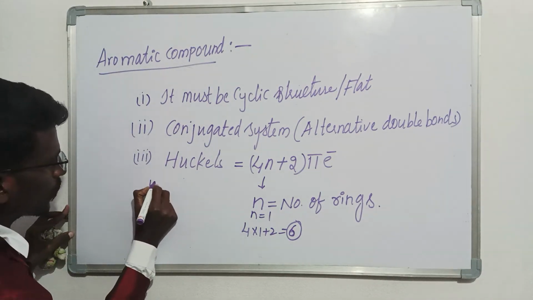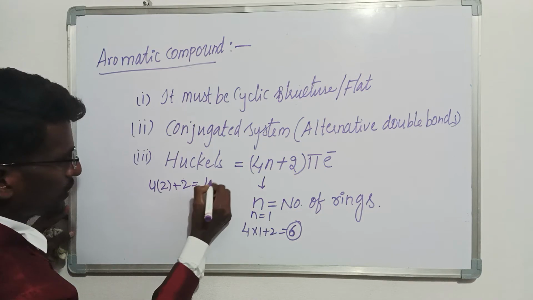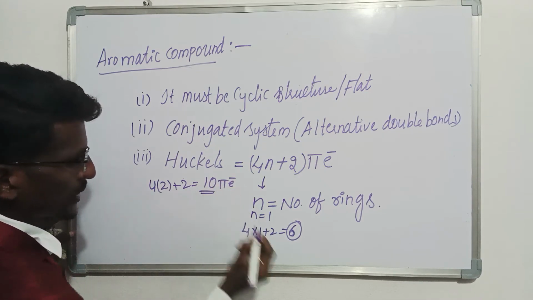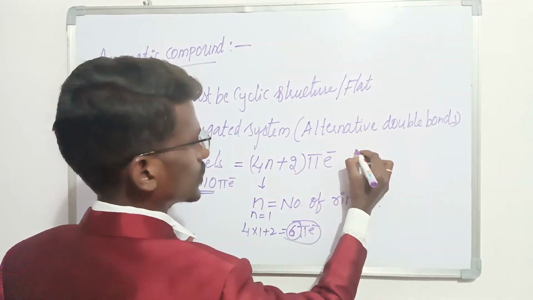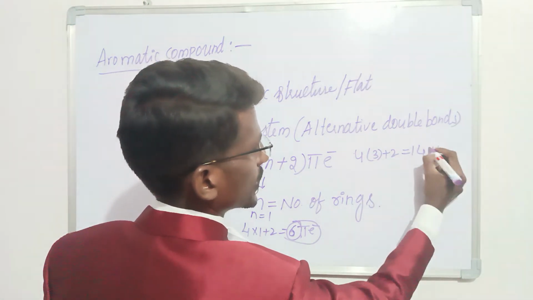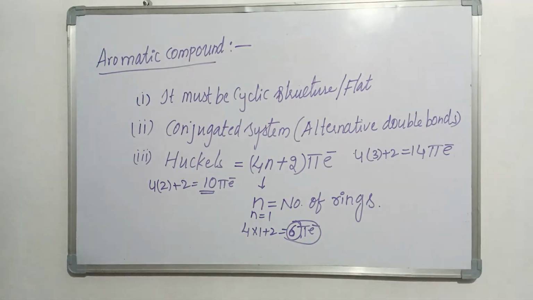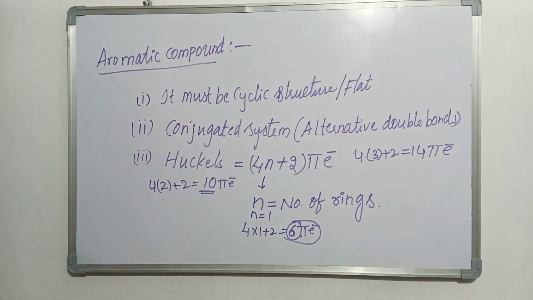For example, n equal to 2: 4 into 2 plus 2, then it must contain 10 pi electrons. Then n equals 3: 4 into 3 plus 2 is 14, so it must contain 14 electrons. So this is the system. It must be cyclic in structure, it must contain a conjugated system, and it must obey Huckel's rule, that is 4n plus 2 pi electrons.